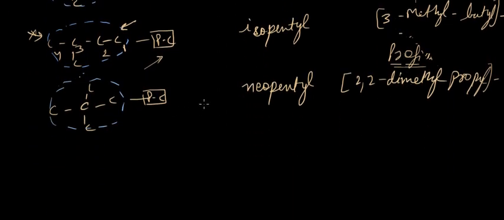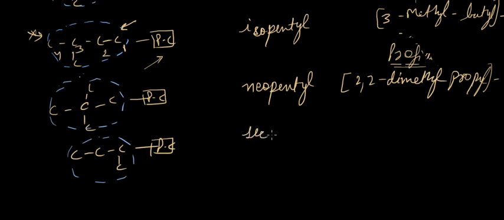Okay, and if you have something like this, this is the principal chain. So for this substituent we have the common name as secondary butyl. So the IUPAC name is 1-methylpropyl.